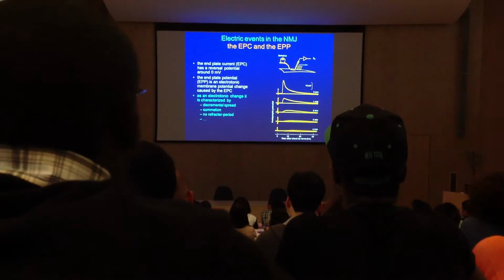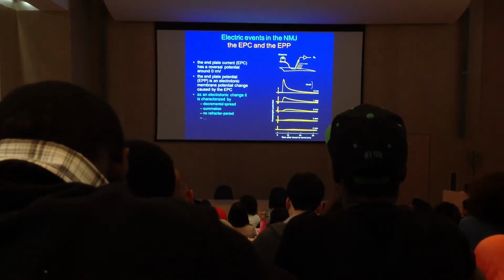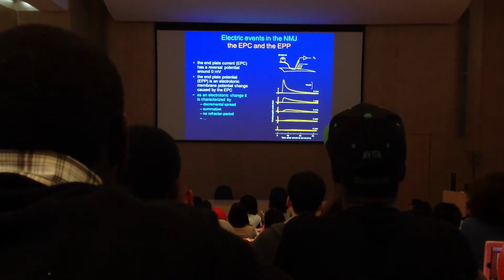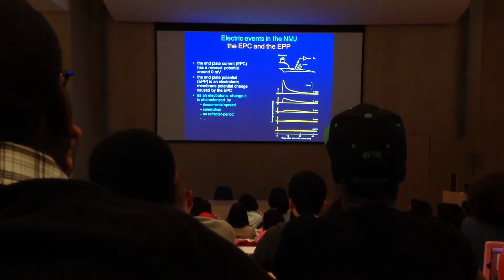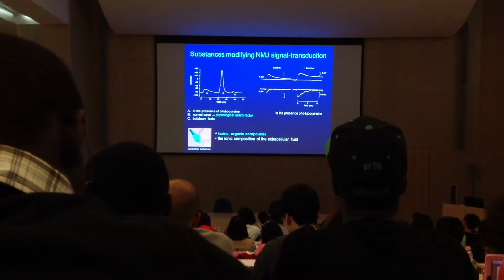You would obviously ask the question then, where did the action potential in the muscle go? Well, I've been cheating during the experiment. I've been preventing action potentials from occurring to be able to measure these changes.